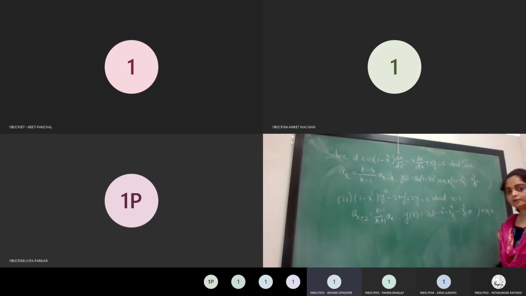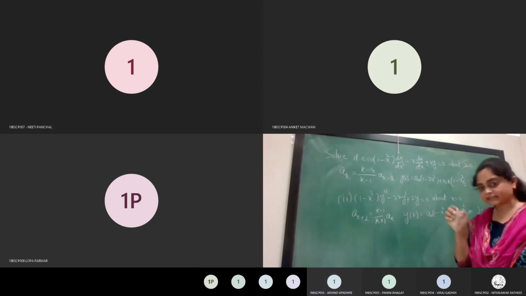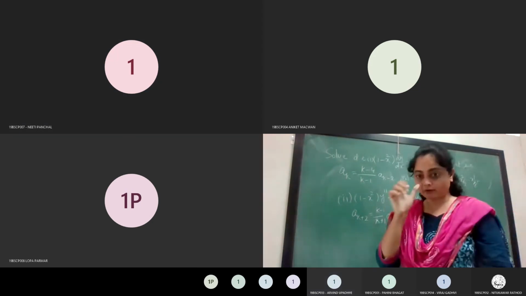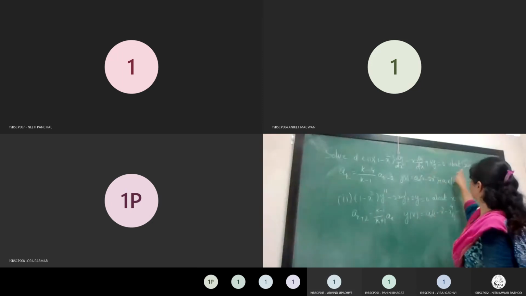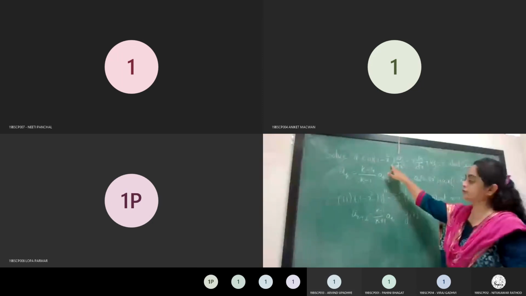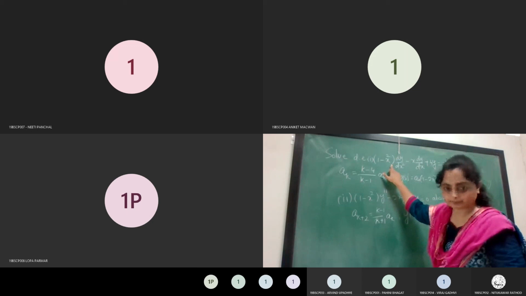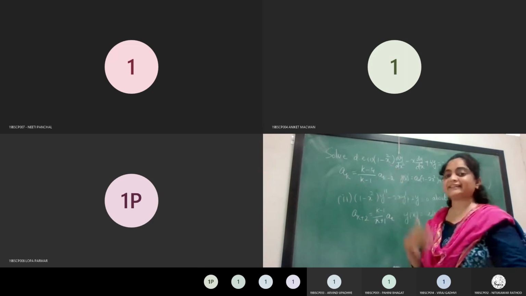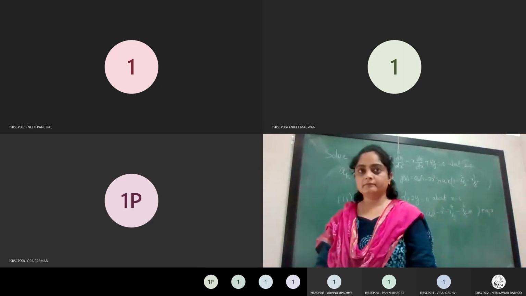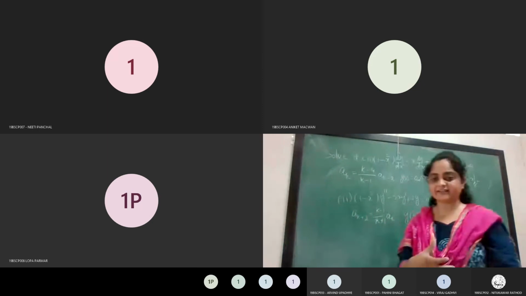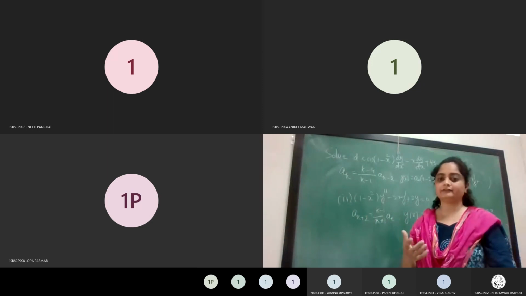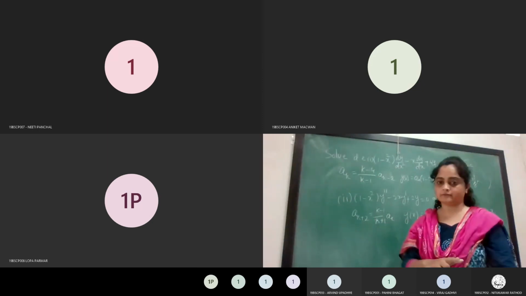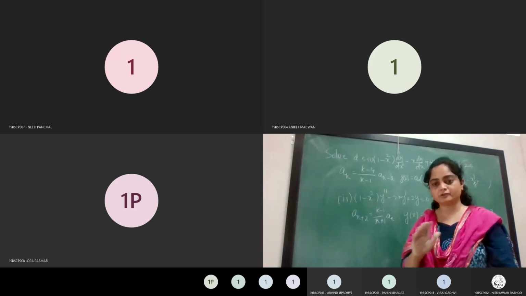Yes, ma'am. Next time we will start with the case when the point is not an ordinary point. That means here, for these two examples, x = plus or minus 1 are the singular points. When your point is a singular point, we will consider the regular singular point, and how to find the corresponding solution of the differential equation. Its solution will also be a series solution.